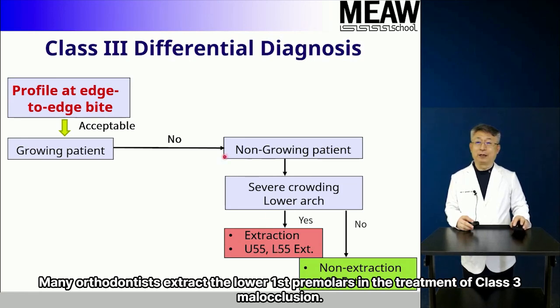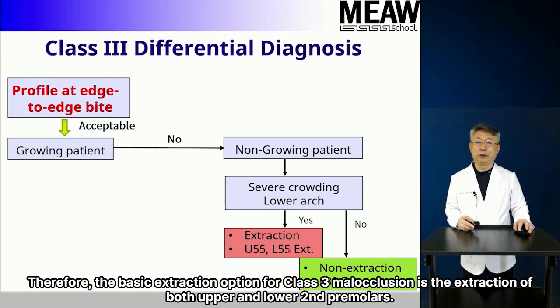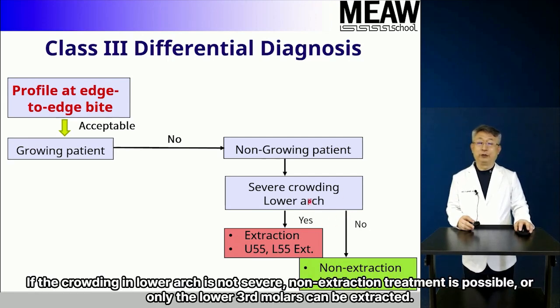Many orthodontists extract the lower first premolars in the treatment of class 3 malocclusion. However, the extraction of lower first premolars results in even more linguversion of the already lingually inclined lower incisors. Therefore, the basic extraction option for class 3 malocclusion is the extraction of both upper and lower second premolars. If the crowding in lower arch is not severe, non-extraction treatment is possible, or only the lower third molars can be extracted.